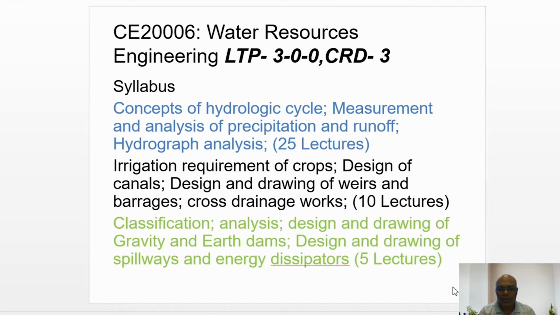These are online classes, and classes started late, so we are short of a few lectures. If we have enough lectures remaining, then the other two parts of the syllabus will be covered: irrigation requirements and design of cross drainage works, design and drawing of gravity and earth dams, and design and drawing of spillways and energy dissipators.